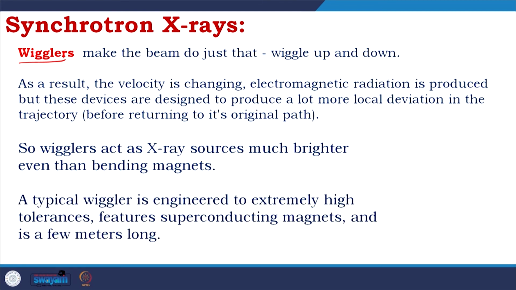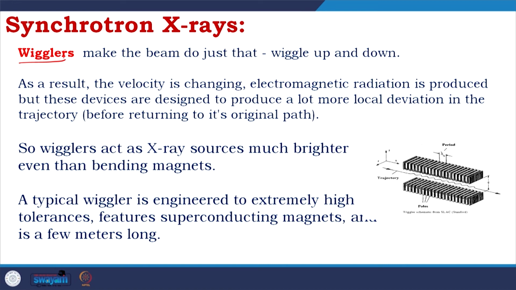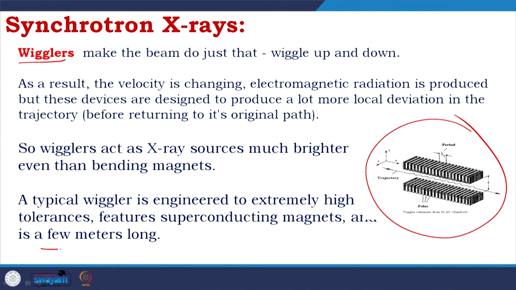A typical wiggler is engineered to extremely high tolerances, features superconducting magnets and is a few meters long. So, you see the change. While the bending magnet is covering a whole tiny town, these are a few meters long. That is the beauty of the wigglers.